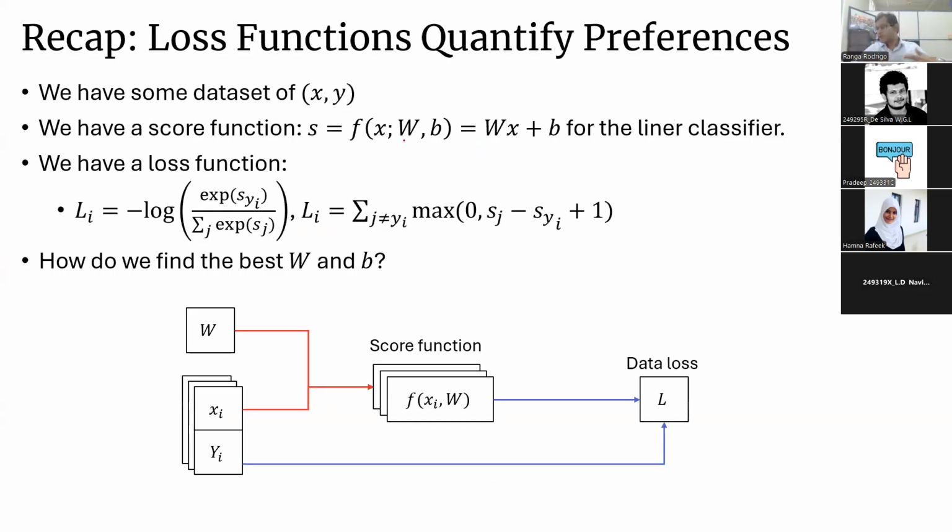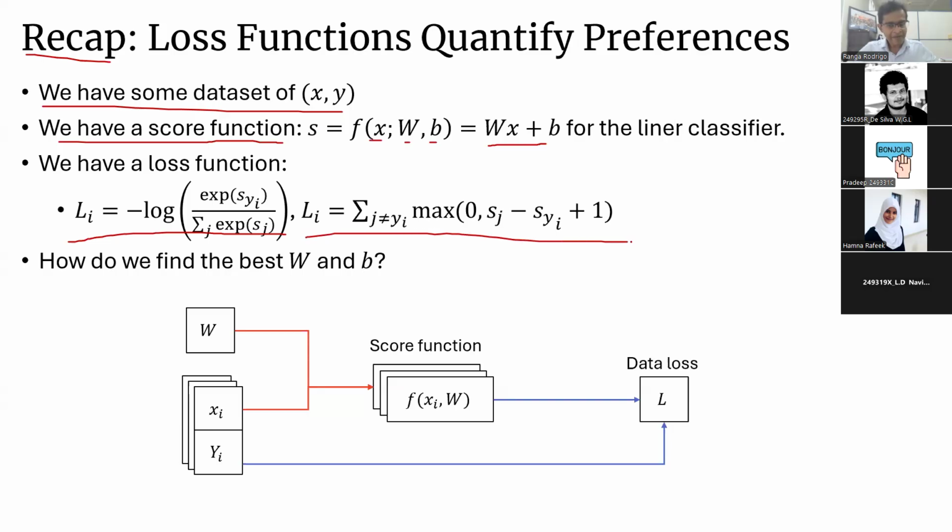Okay, so now if we think about it again, with the loss function we quantify the preferences. We have some data set and we have some score function, which takes the image, W and bias, so we can call it Wx plus b for a linear classifier. We have the loss function: this is the multi-class SVM loss, this is the cross entropy loss. Now how do we find these Ws and bs?